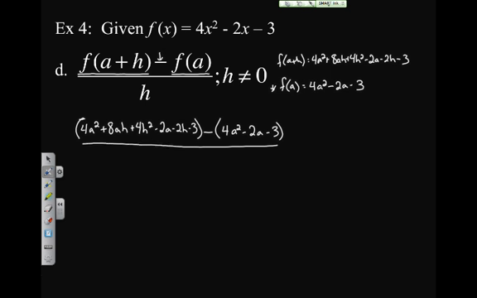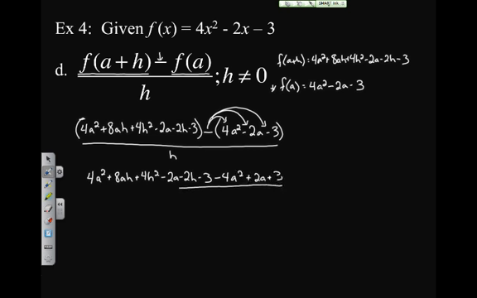And that is all divided by h. So now the key thing is here, we just need to distribute the negative through to each of these. So I'm just going to rewrite the first stuff. 4a squared plus 8ah plus 4h squared minus 2a minus 2h minus 3. And now it's minus 4a squared plus 2a plus 3. And that's all divided by h.